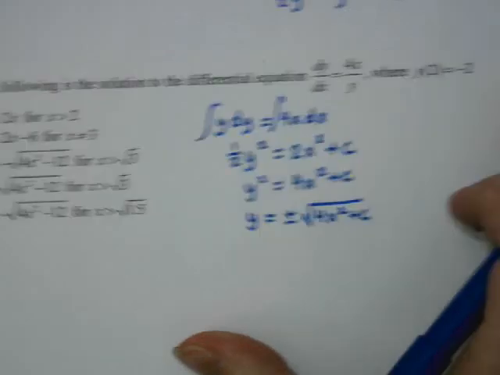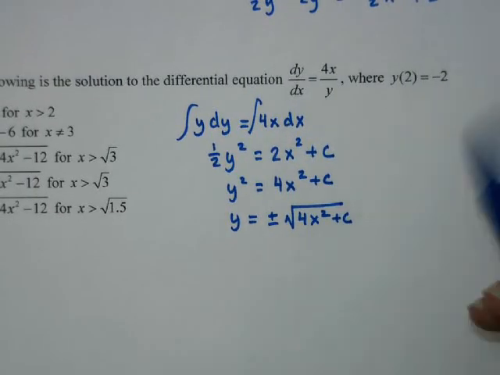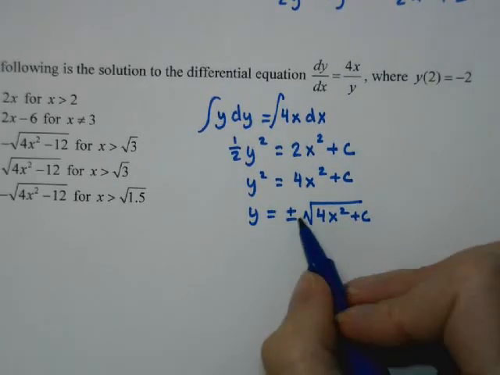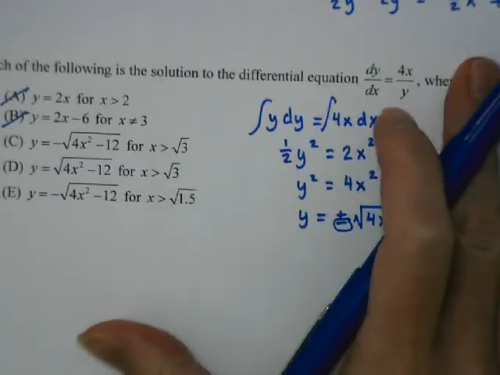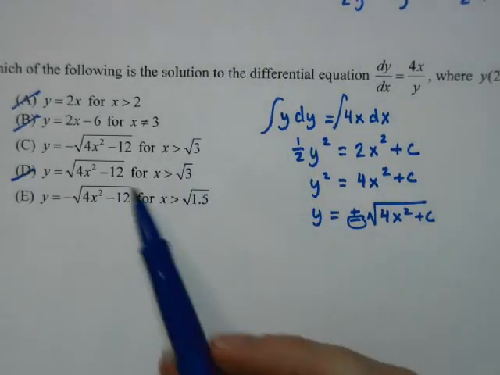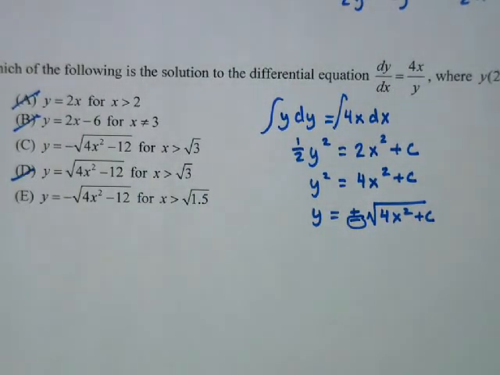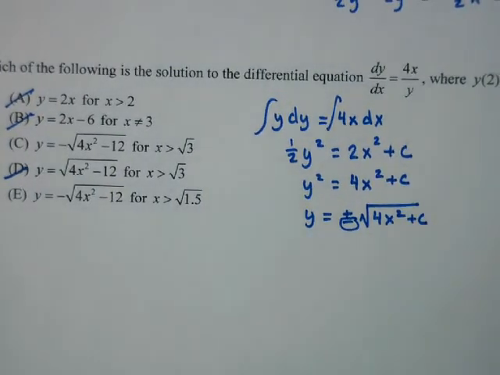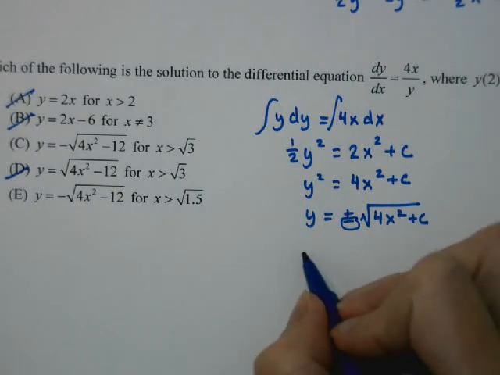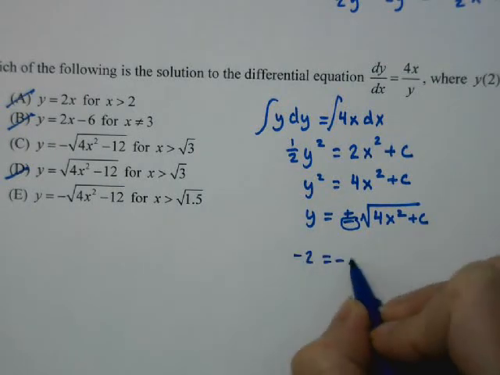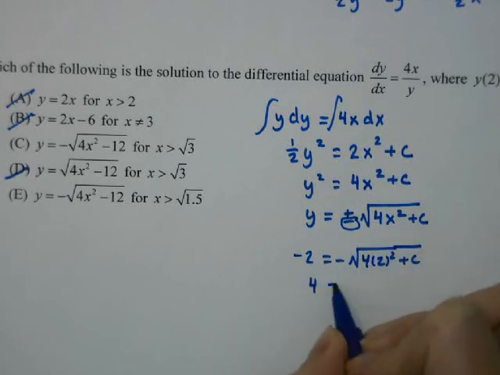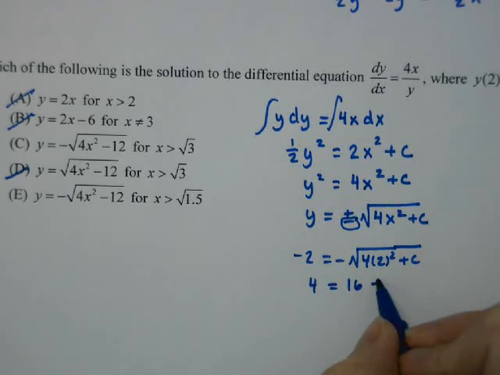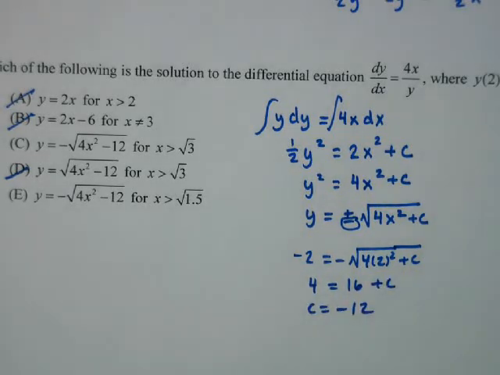My initial condition is negative 2. Okay, so when I plug in a number, I'm going to get out a negative. So we have the negative option. So looking at my multiple choice answers here, we're down to these. I can go ahead and plug in the initial condition or just assume it's 12 since that's what those options are. If we plug in the 2, we're going to have negative 2 equals negative square root 4 times 2 squared plus c. So 4 equals 16 plus c. So c is in fact negative 12.